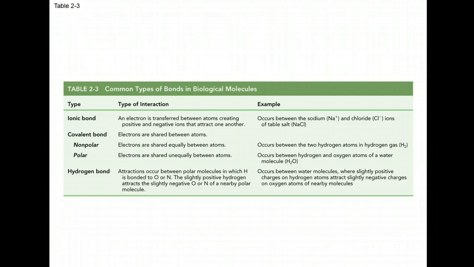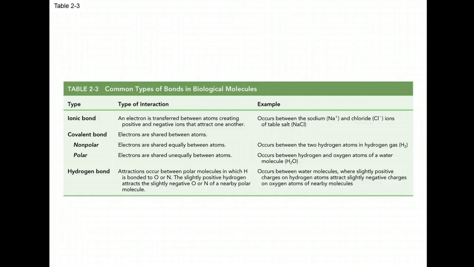This figure lists some of the common types of bonds with examples. As mentioned already, ionic bonds consist of bonds between ions. Table salt is an example of a molecule formed from ionic bonds.